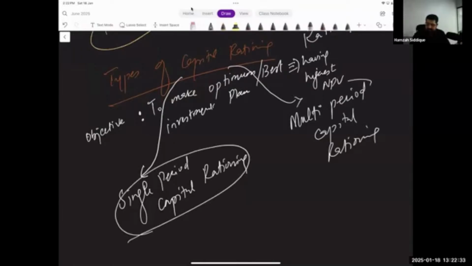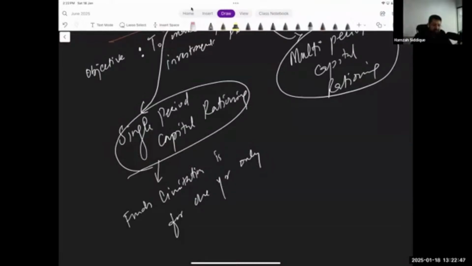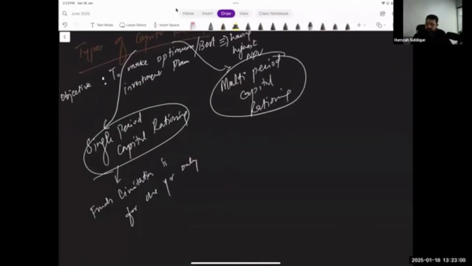Single period capital rationing is where the funds limitation is for 1 year only, and we have to start the projects now. We cannot even delay. In multi-period capital rationing, funds limitation is for multiple years.